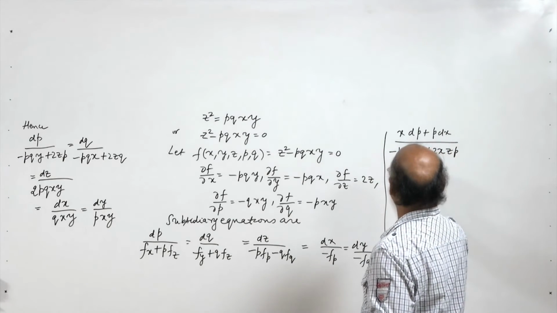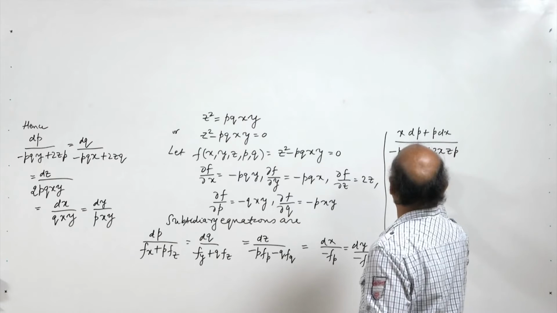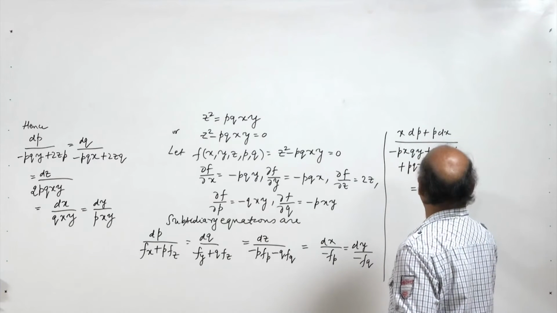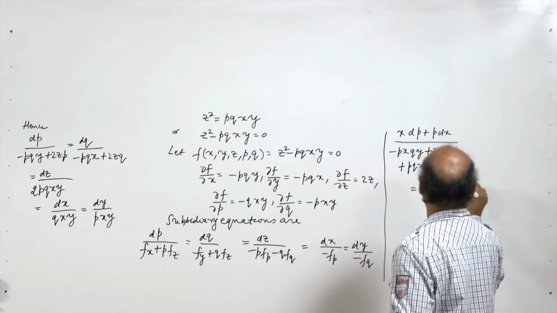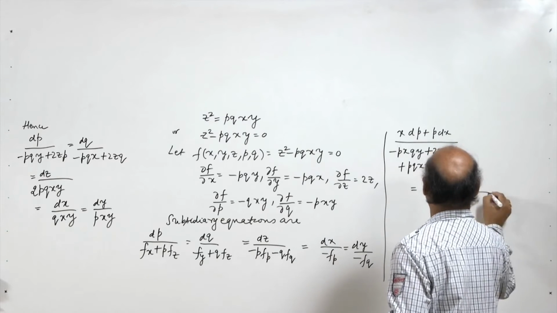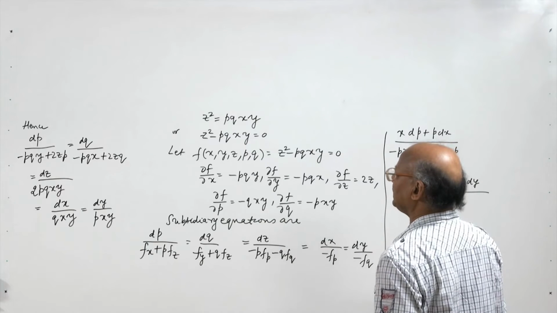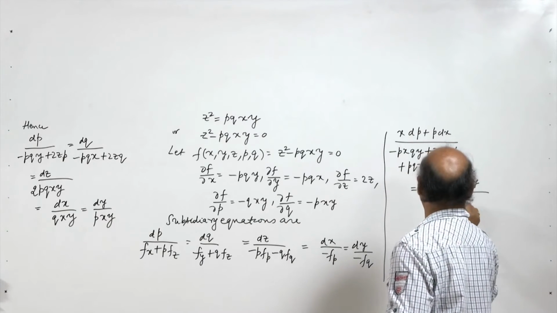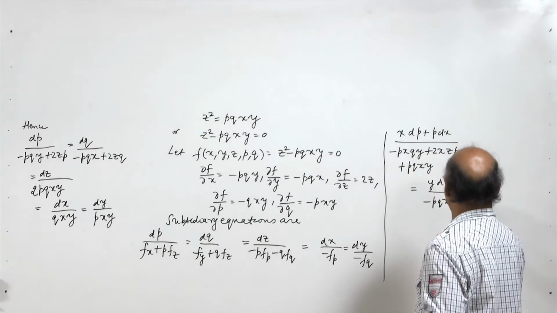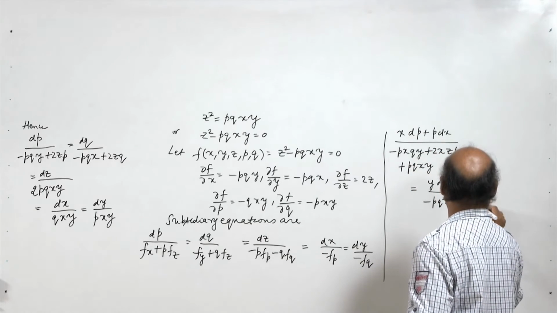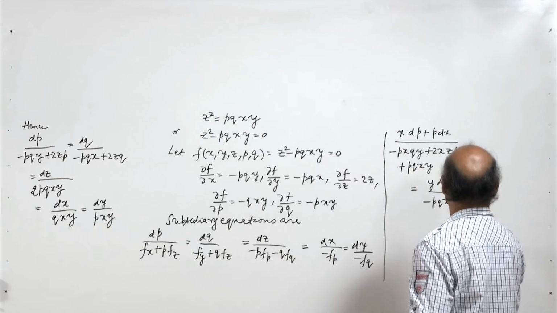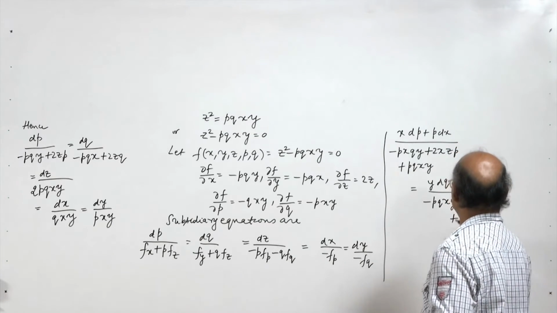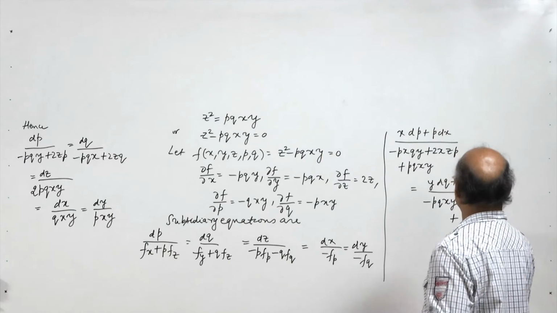So pqxy is equal to, by dq plus q dy: y into dq will give you minus pqxy plus 2zqy, and then we have q times dy, so q times dy means pqxy.